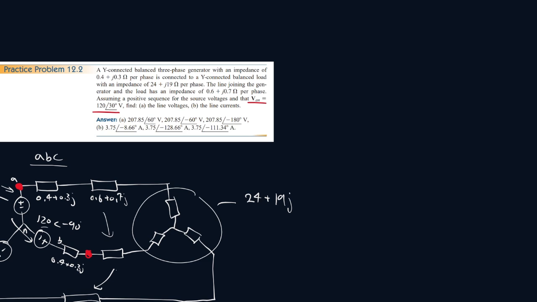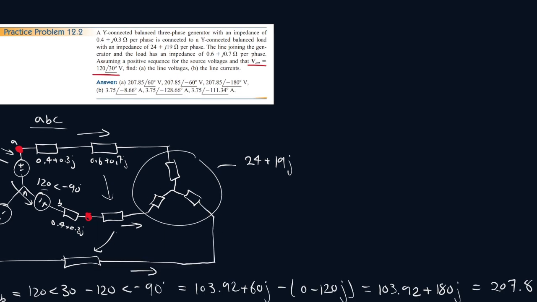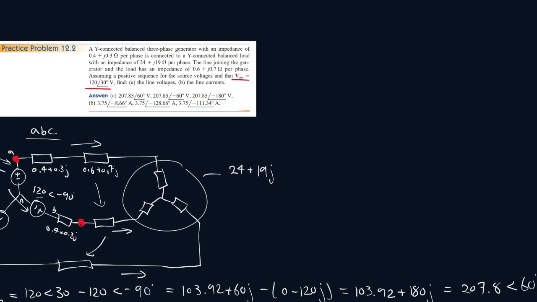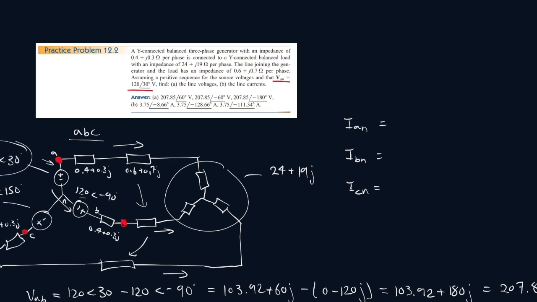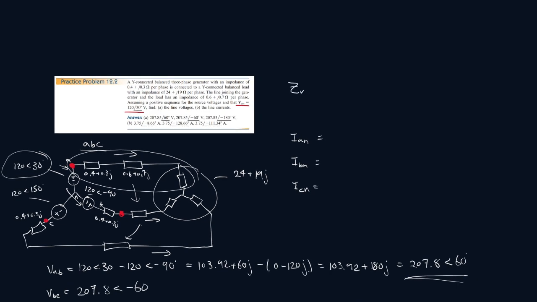Now we have to find the line currents. The line currents are the currents moving through here. So we have to find IAN, IBN, and ICN. To solve for these, we need to add up all of these impedance values. So let's get ZY.